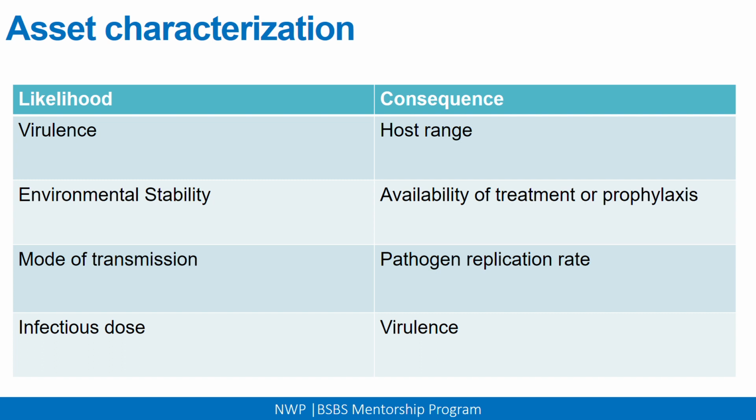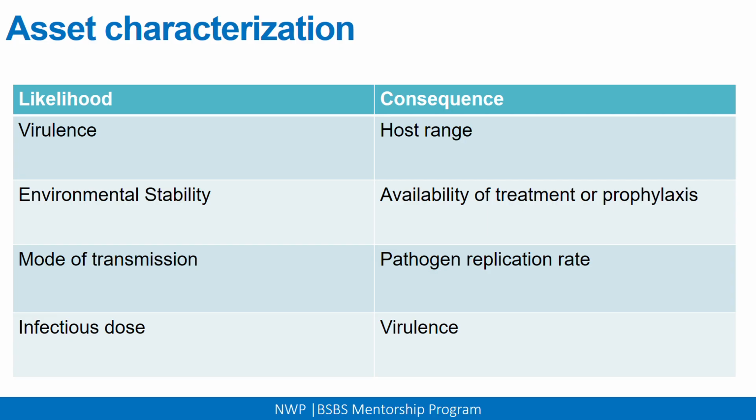So let's look at the host range. Under host range, what we are saying is, does this organism infect humans, and can it also infect animals, and can it also infect maybe plants or the environment?